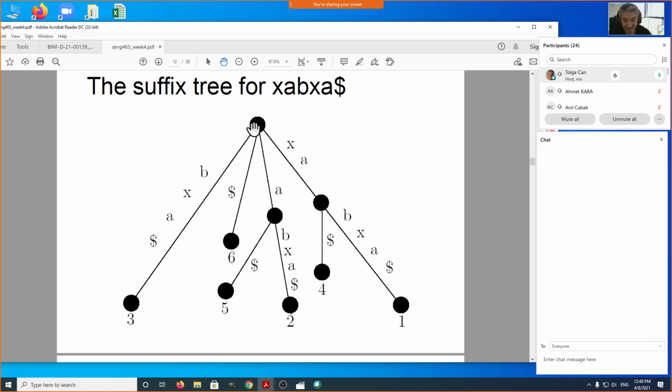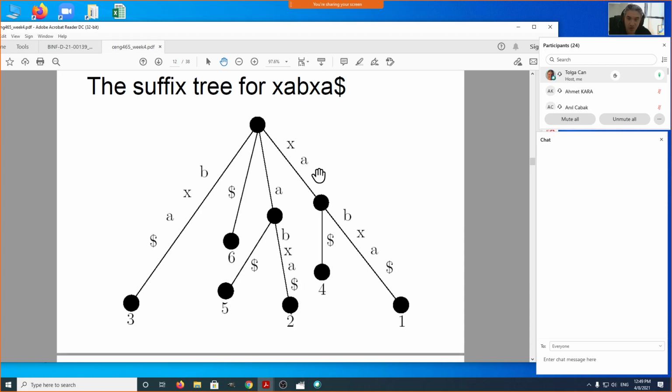As you can see, when we try to add XAC dollar, after XA is matched, the mismatch occurs at this intermediate node. We cannot follow any outgoing edge labels because the third letter in XAC is C. Therefore, we need to insert a new edge coming out of this intermediate node.